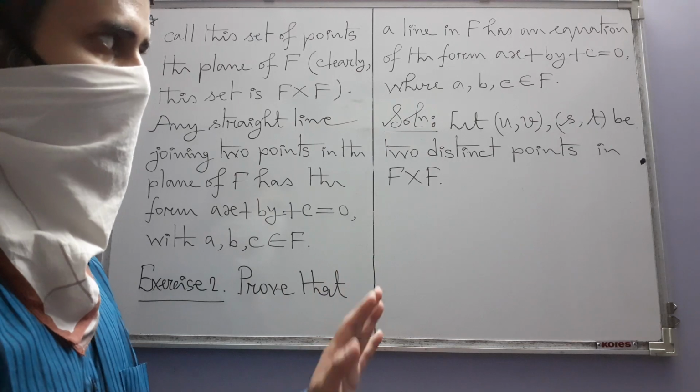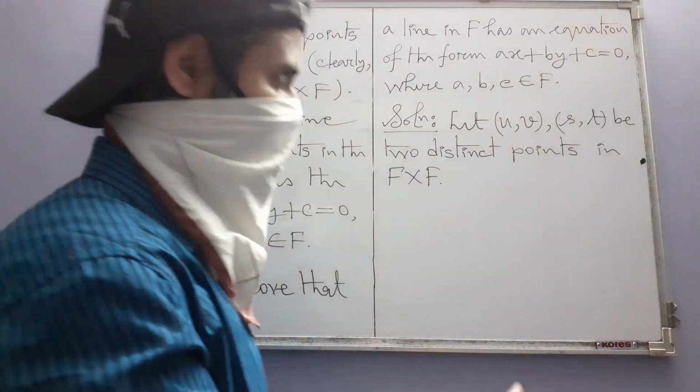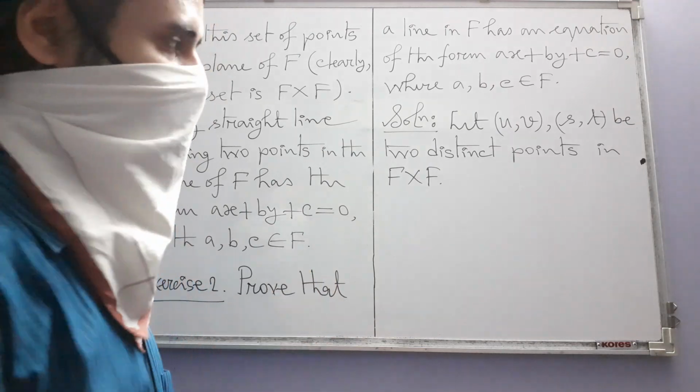They are not the same point. That is, we don't have u equal to s and also v equal to t. We do not have that.